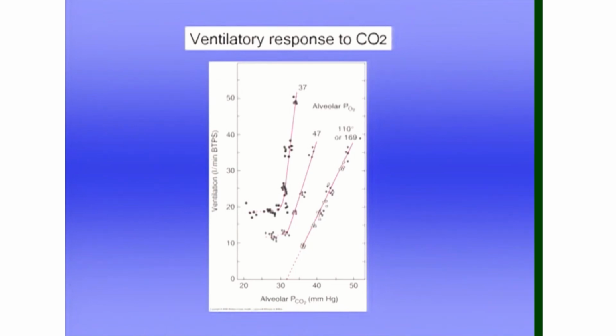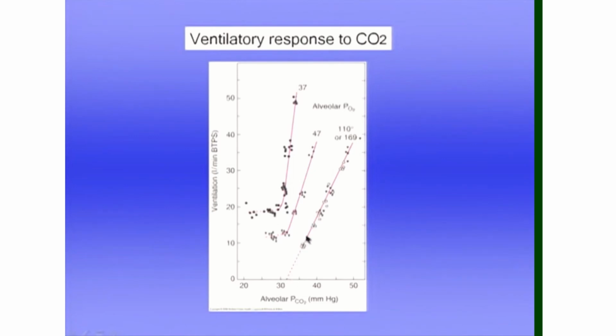to carbon dioxide. So in this plot, we have ventilation on this axis with the PCO2 here. And as you can see, as you increase the alveolar PCO2, so the ventilation increases. And incidentally, in experiments like this, where the lung is normal, we normally use the alveolar value as a measure of the arterial value.